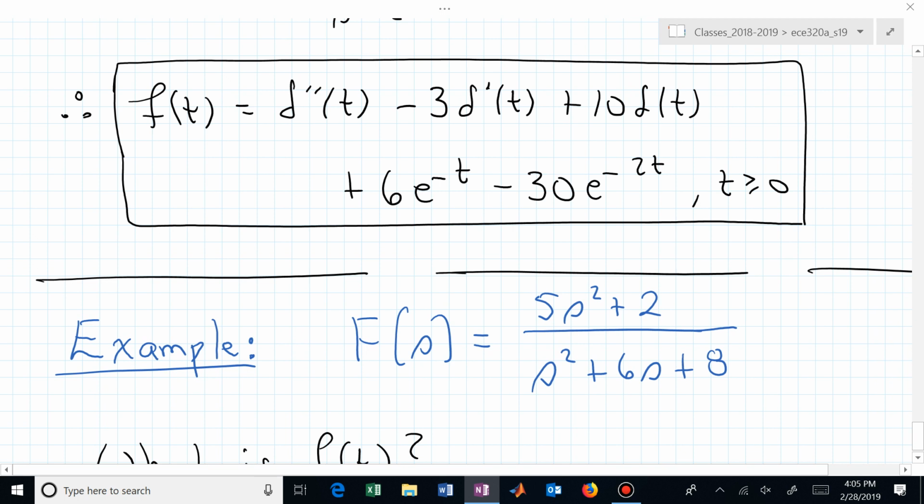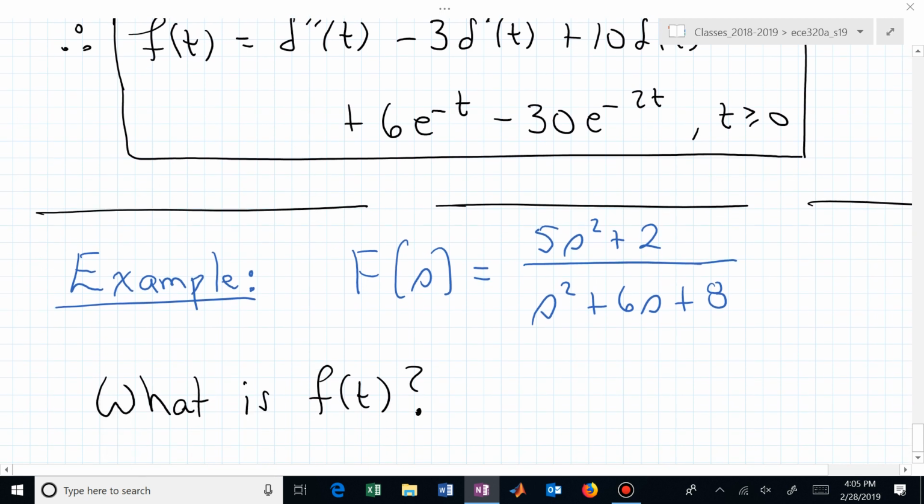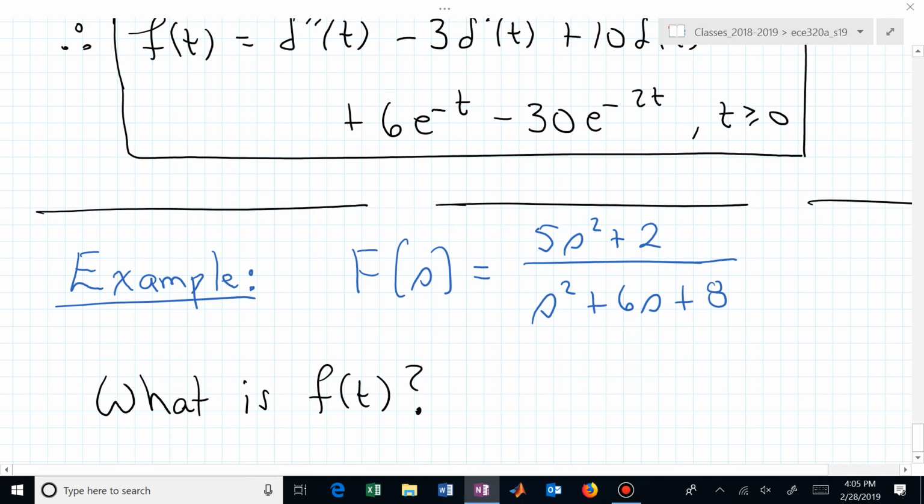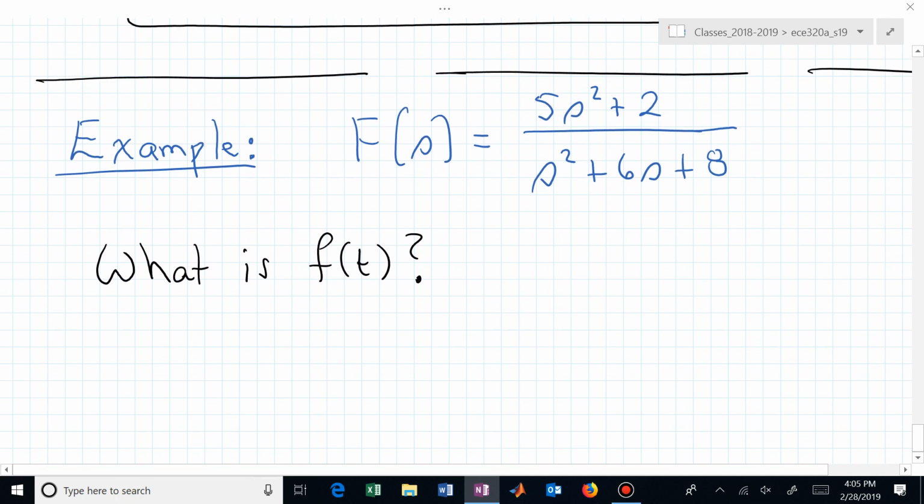Let's go through another example just to make sure that we're clear on this. We want to now find what is f of t. This is a different capital F of s. So now we're saying, we need f of t.